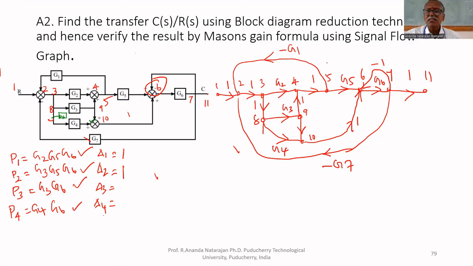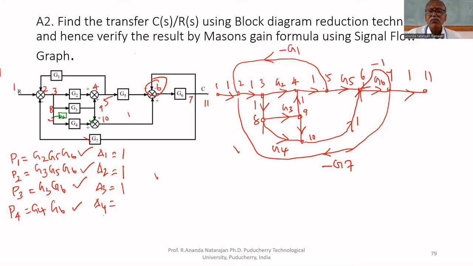Delta 3, G3, G6. The part of the graph is 5 and 10. No loop is there. At 5 and 10, no loop is there. That's why delta 3 is also 1. G4, G6. The parts of the graph are 9, 5.